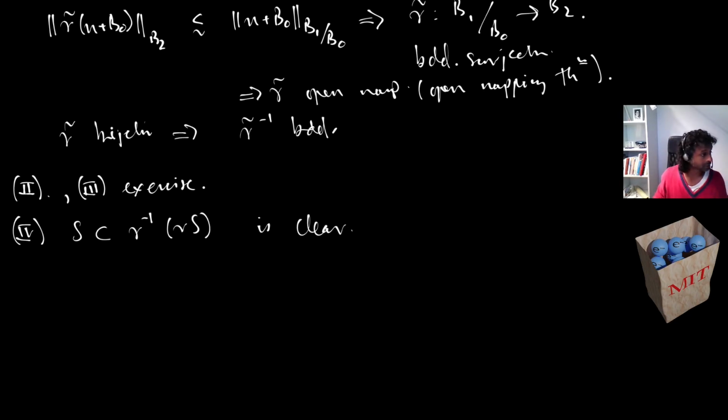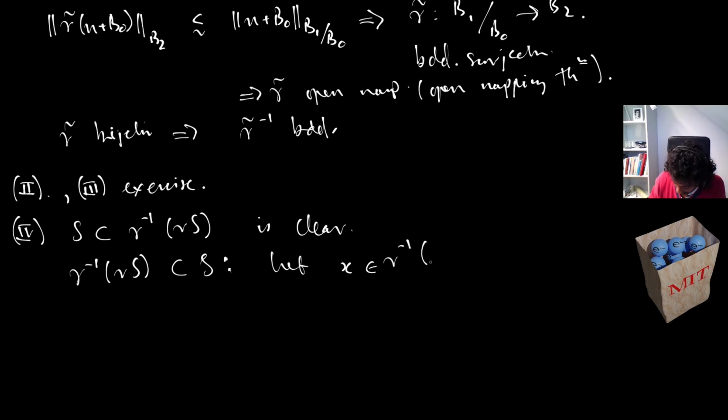So suppose we take some point x in gamma inverse gamma S. So what does that mean?